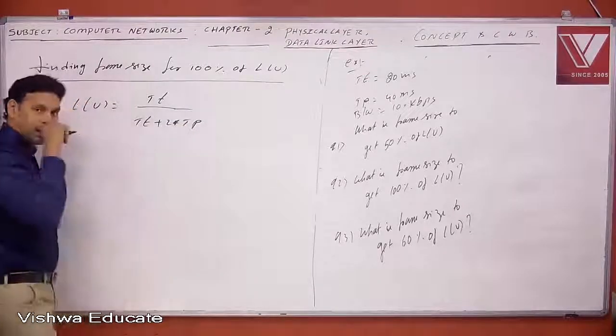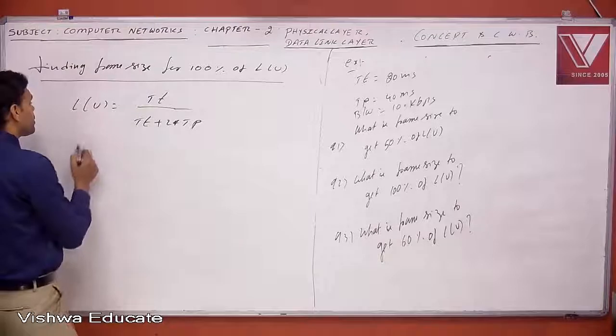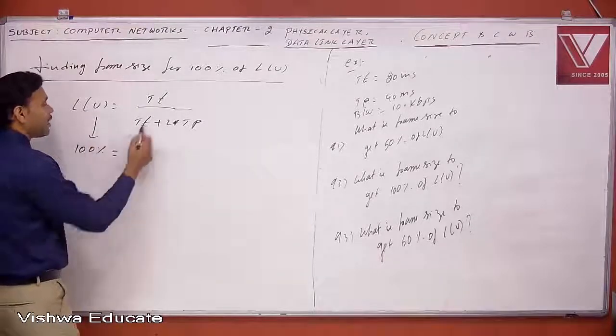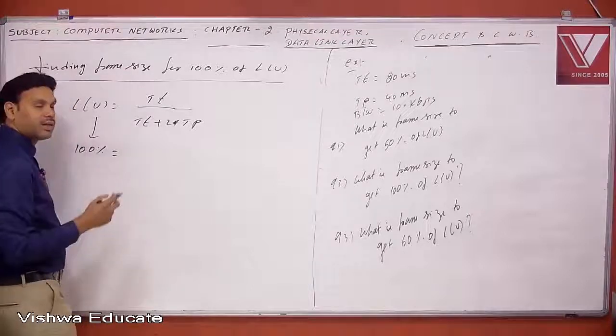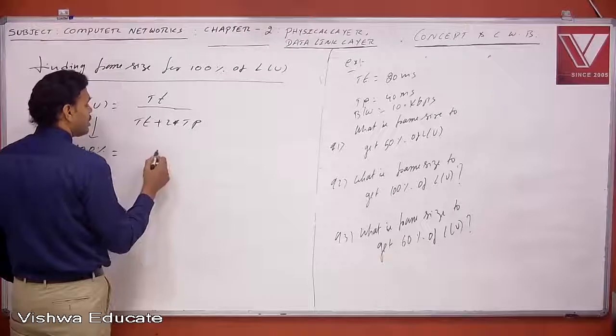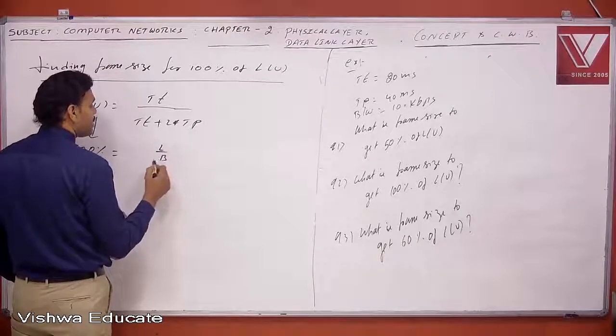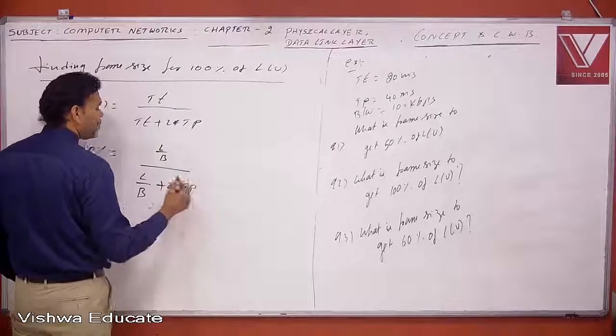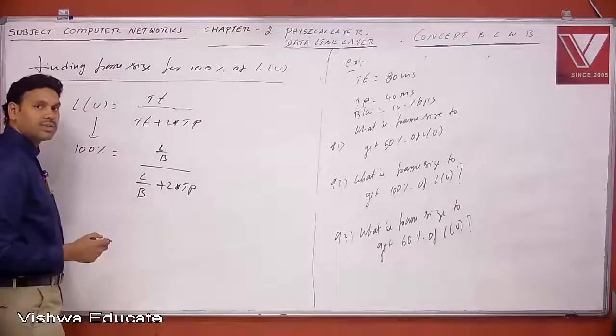This is only your link utilization. This is given as 100% only. Therefore, I can use this equation directly. Yes or no? What is the Tt? Tt is nothing but L by B, so L by B over L by B plus 2 into Tp. I can write like this.